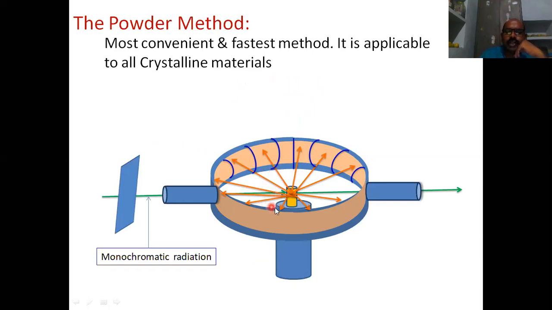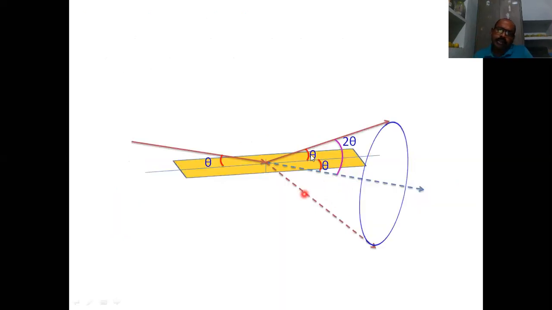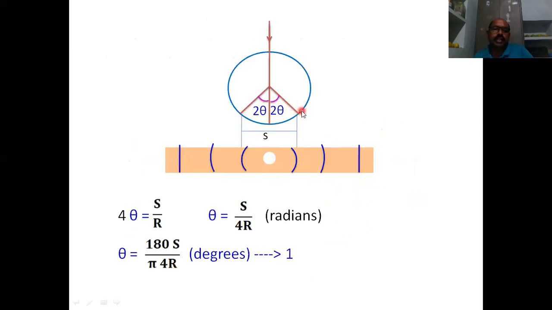These 5 or 6 rays correspond to back reflection, and these 5 rays correspond to forward reflection. It is theta, and we are getting 2 theta. So the scattered ray angle with respect to the incident direction is 2 theta.